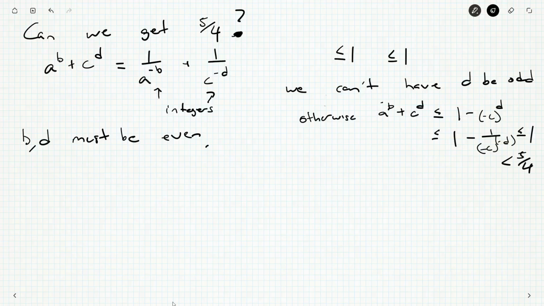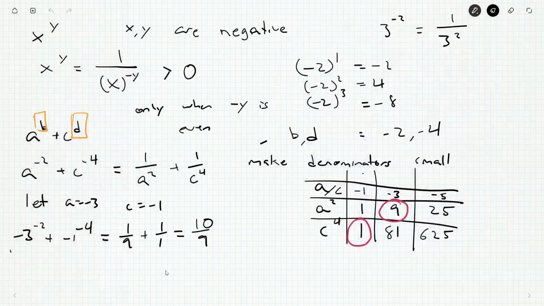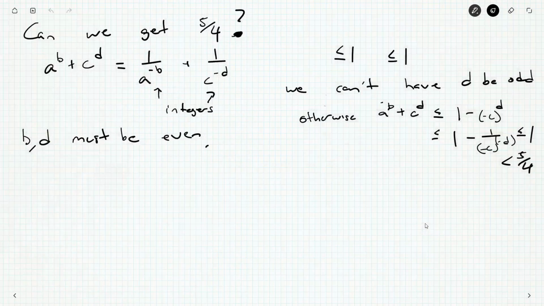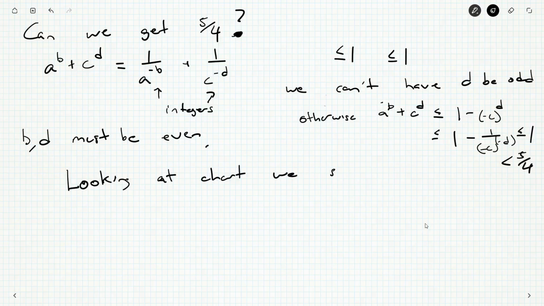The second you have B and D be even, we're back looking at this chart, and the best you can do is 1 and 9. C is 1, C is negative 1, A is negative 3.